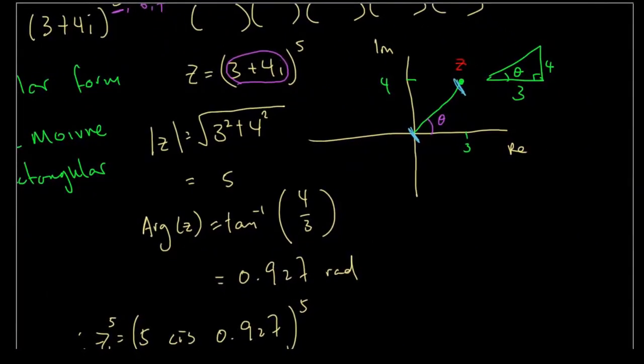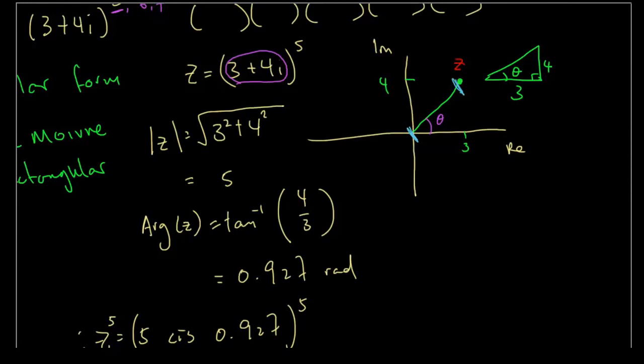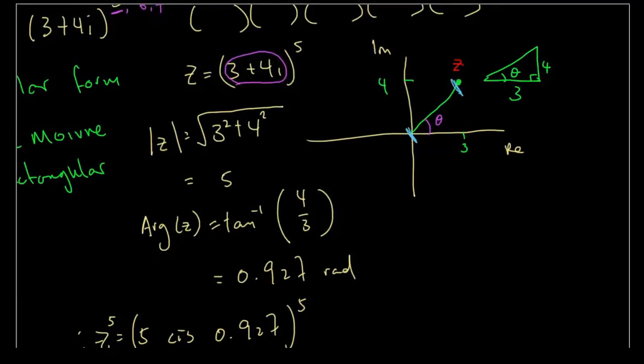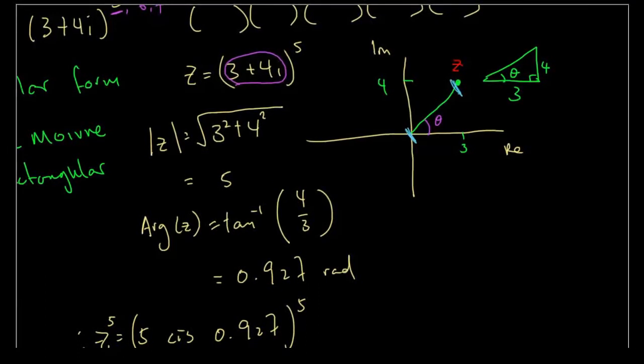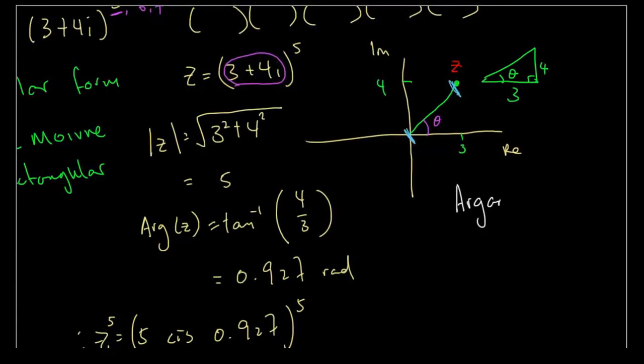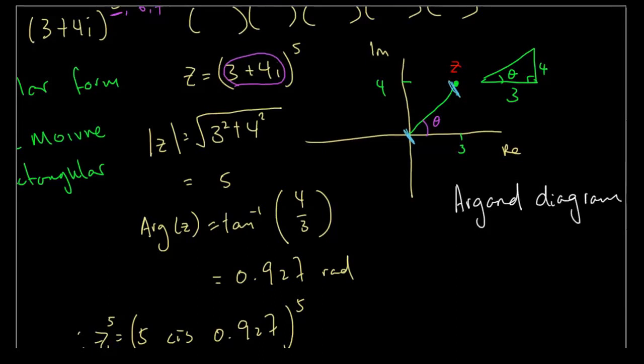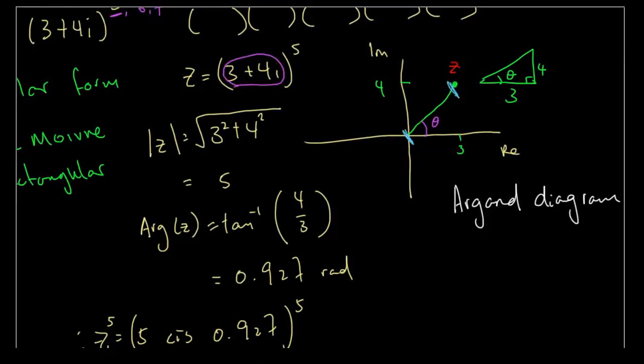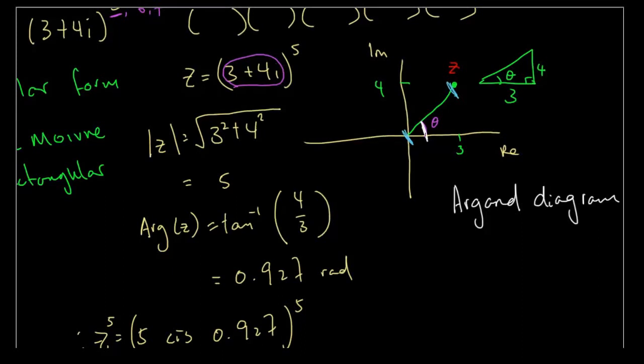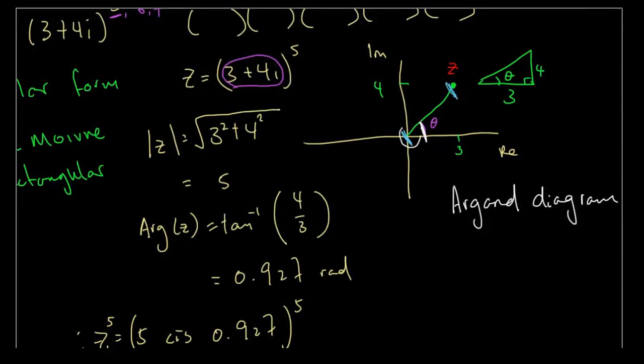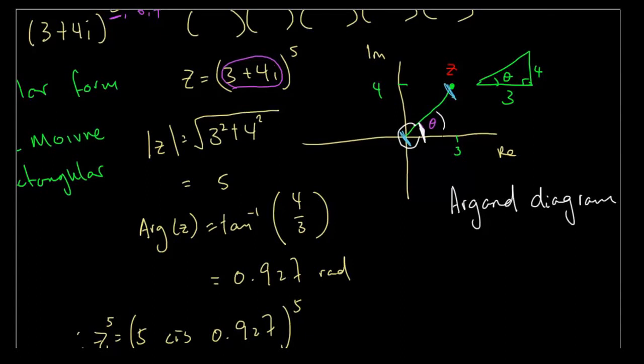Whenever we need to sort out polar form, you always need to draw it on the Argand diagram first. Don't forget, it is very important. So this is the Argand diagram. I need to find this angle theta, or I can find this other angle, but that will be a negative angle. For convenience I only need to calculate this angle.